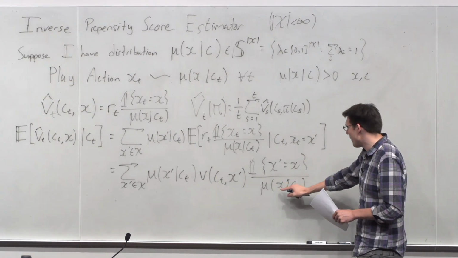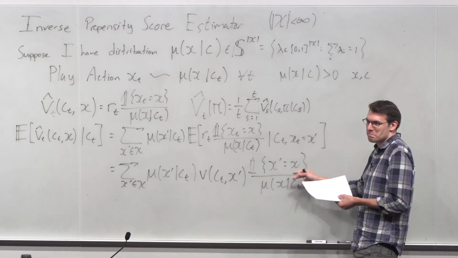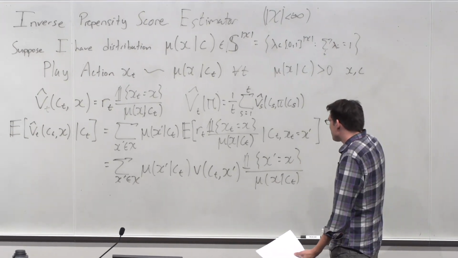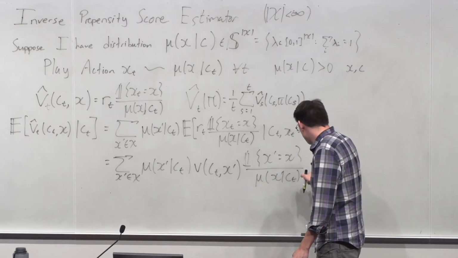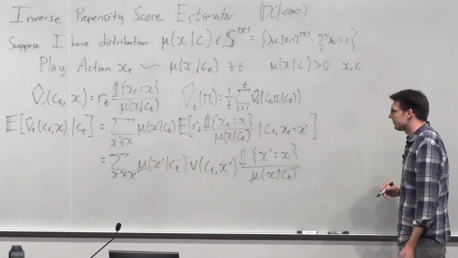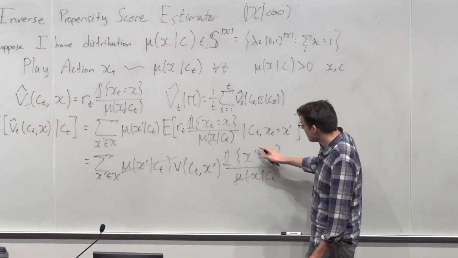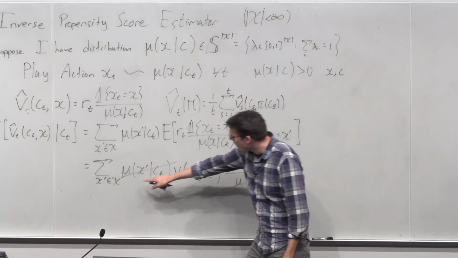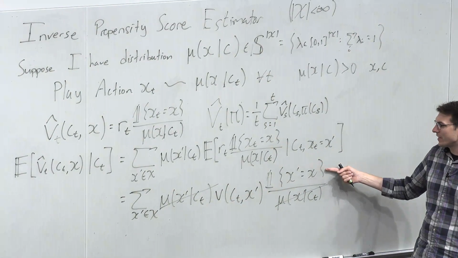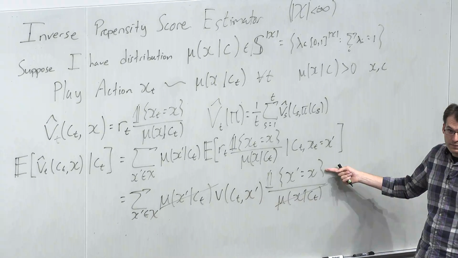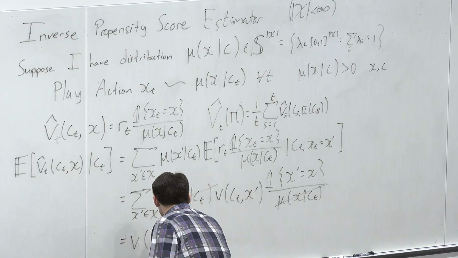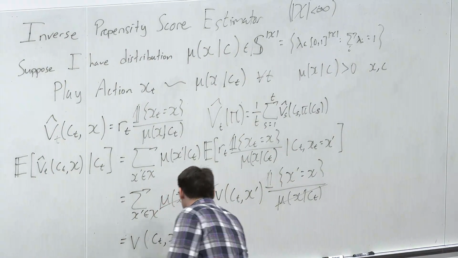So I could put mu of x or x prime here because it would be 0 otherwise. But now we get cancellations because this is the same thing as this. And if you're summing over all x prime, this is only going to be on if x is equal to x prime. And so then this is just equal to v of c_t, x.